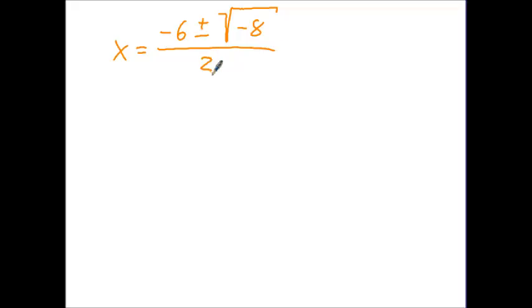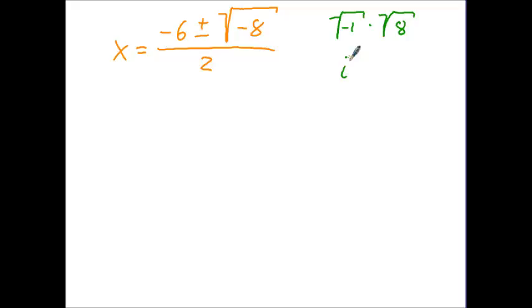Now, let's think about the square root of negative 8. The square root of negative 8 is the square root of negative 1 times the square root of 8. We know that the square root of negative 1 is i. That's what we need the complex numbers for.